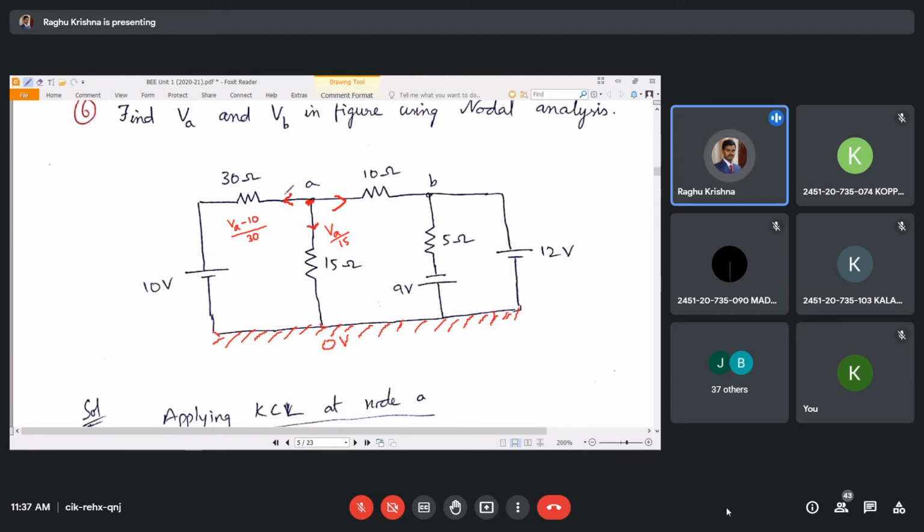Now what about the current flowing through this 10 ohm resistor? Current flows from high voltage to low voltage, right? If I assume this is the direction of the current, you have to write VA minus VB by 10.